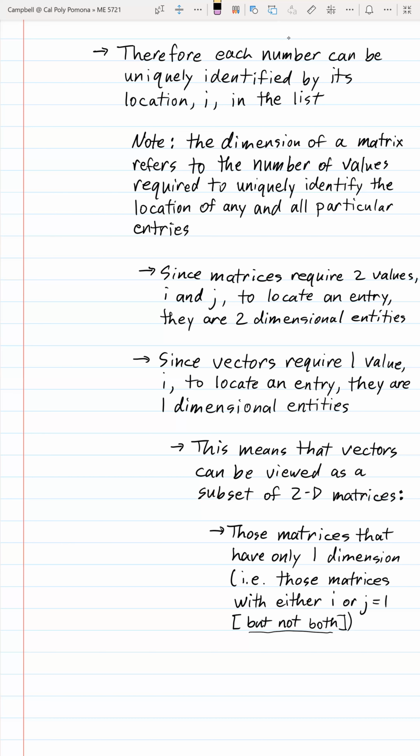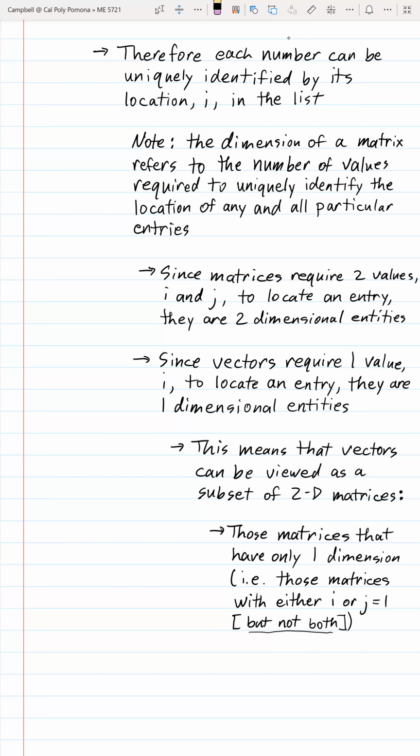And there is no need to use any kind of addressing, whether it be i for vectors or i and j for matrices. When both of those are equal to 1, there's no need for any kind of addressing associated with that entry. We just have to name this quote unquote matrix, and then we immediately know that we're talking about that one entry, and that's it.